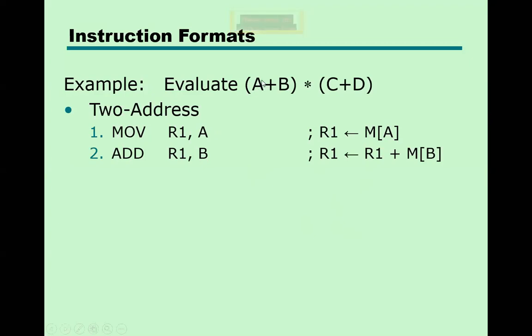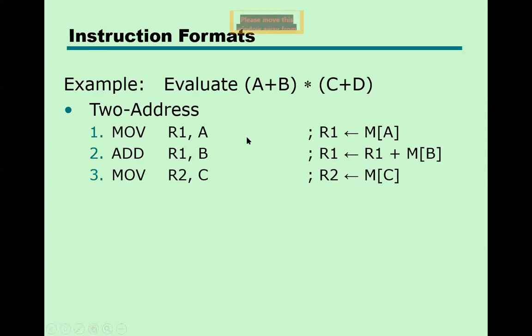Similarly, now we have to perform the addition operation with A: ADD R1, B. R1 is holding a value, and that value will be added with the memory location at B. If at memory location B there is a 5 and R1 is 5, then R1 plus B, 5 plus 5, is 10. So R1 is 10.